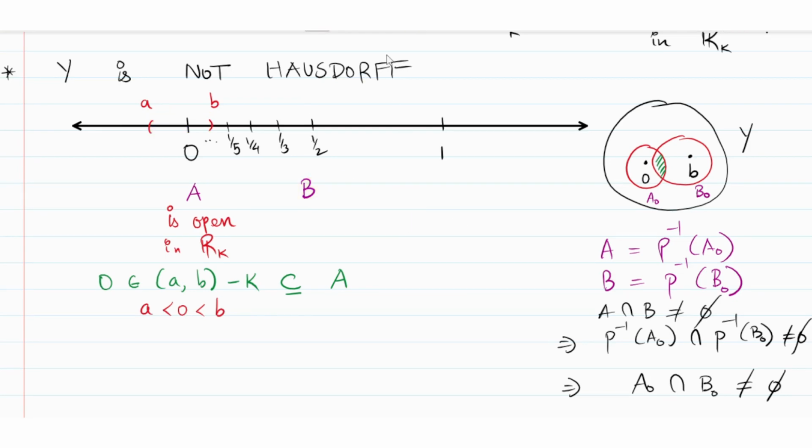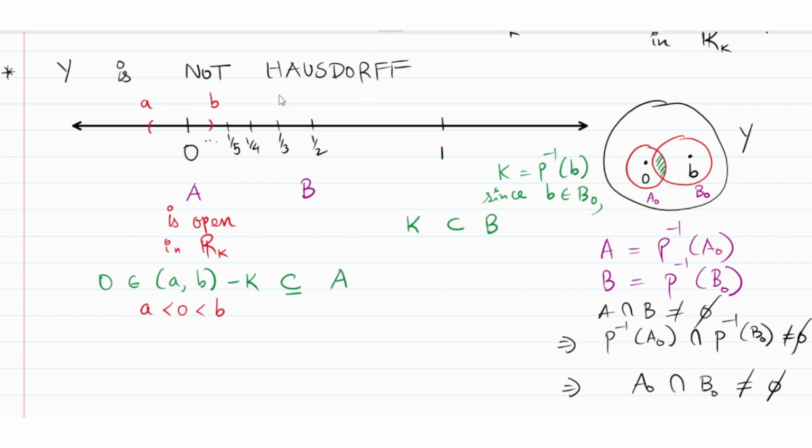I know that K is a subset of B, right? Because K is equal to P inverse of B0. And since B0 contains the point, I can say that K is a subset of B.